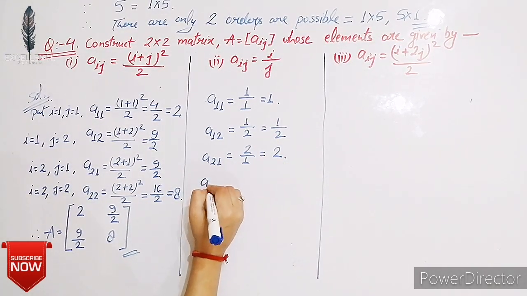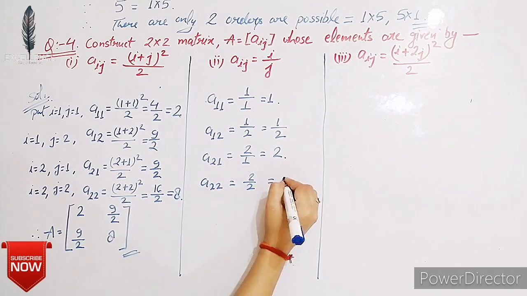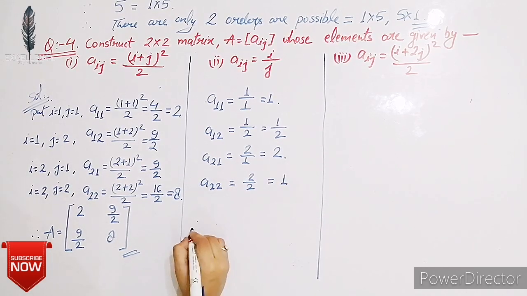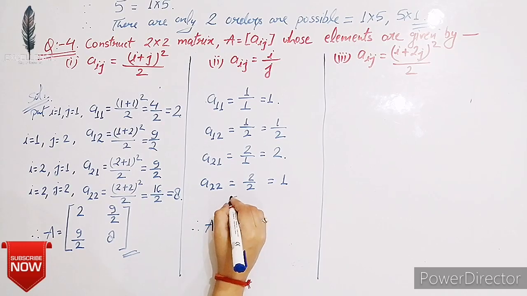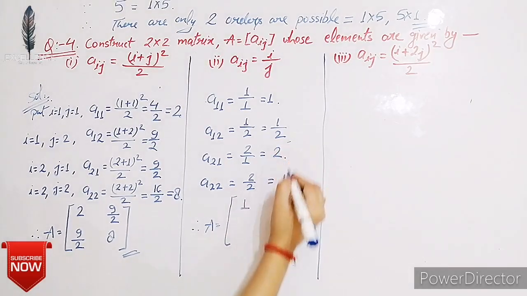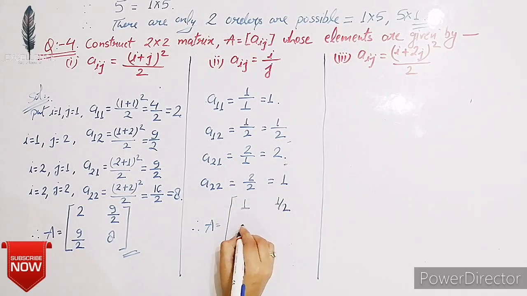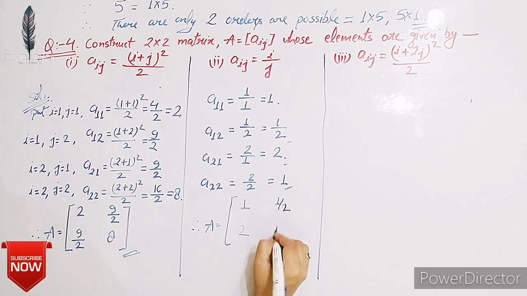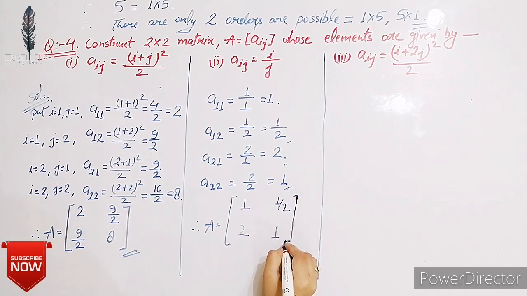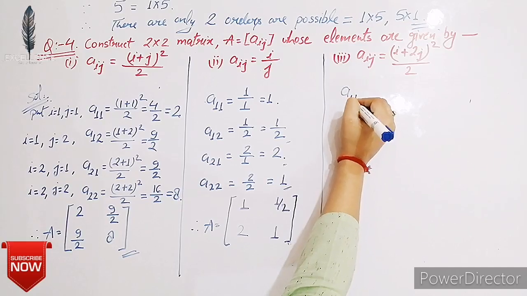And for the last put i equals 2, j equals 2, that is A22 equals 2 upon 2 equals 1. So the second matrix is 1, 1 by 2, third element is 2 and last is 1. OK. Let's see the last part, that is the third part.